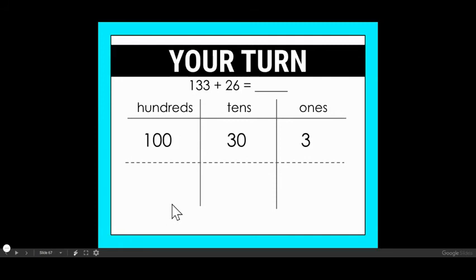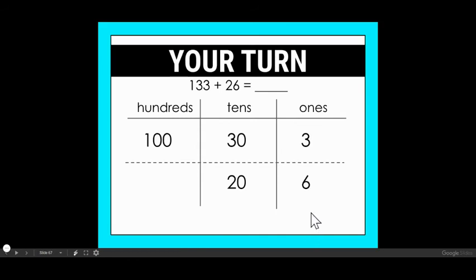Put in your hundreds, put in your tens, put in your ones. All right, hopefully your hundreds is blank, or if you wanted to, you could put a little 0 there. Your tens is 2 tens, and your ones is 6. All right, now you're going to add together your ones.